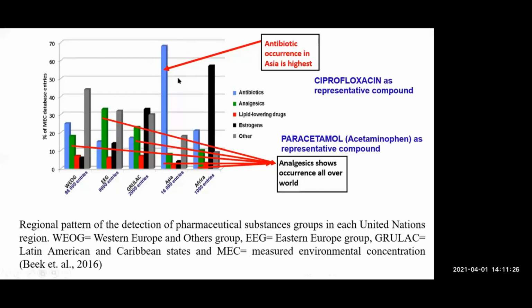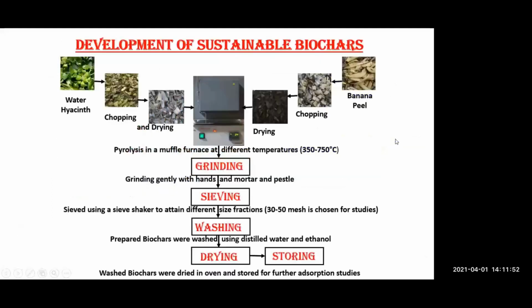Antibiotics are one of the most detected compounds, thus we have used a representative of antibiotics, ciprofloxacin. Analgesics can be seen all over the world in surface waters and different wastewaters. Thus, we have used paracetamol, or commonly called acetaminophen, as a representative compound for the study.